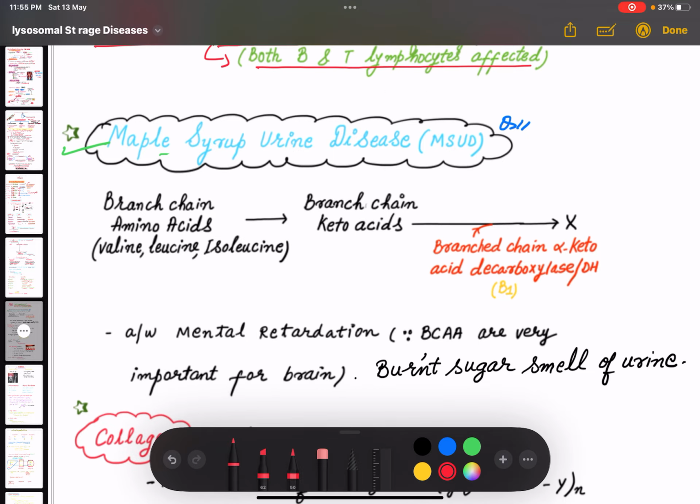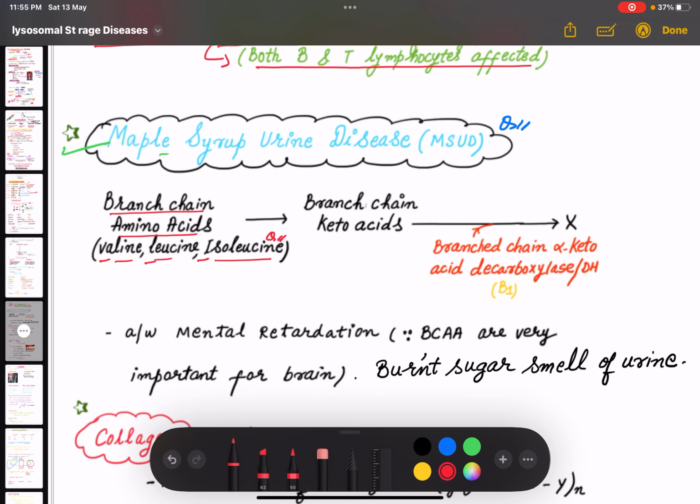Now let's see another disease which is known as maple syrup urine disease, which is a very important disease, repeatedly asked in the exam. You know, there are branched chain amino acids like valine, leucine, isoleucine. You can remember a mnemonic, that is VIL or VLI. This branched chain amino acids question is an exam question itself.